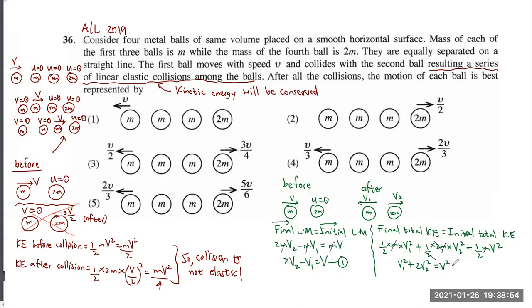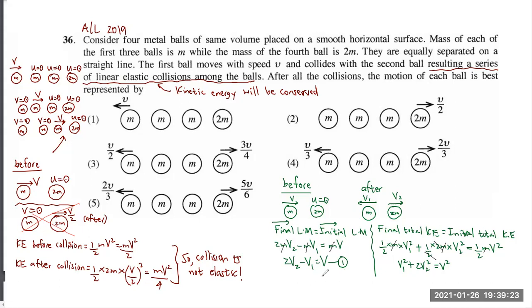Then we have to simplify this. What's the plan? How are you going to simplify this? The only option is going to be equating them, because we need V1 or V2. One of the values must be found out.